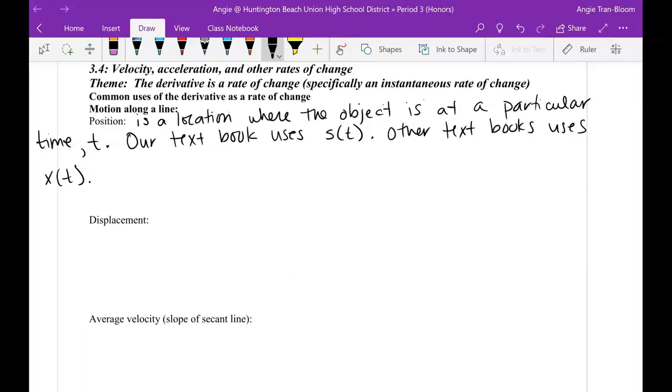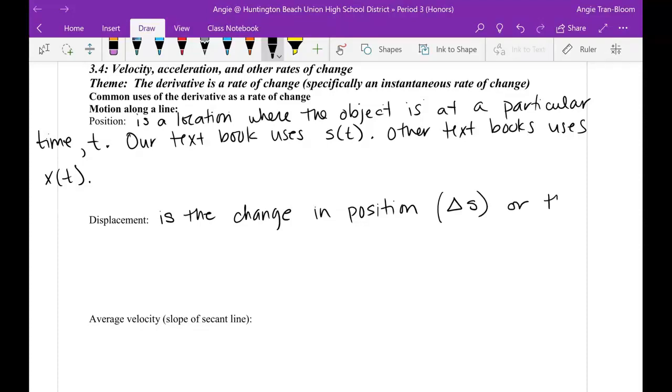The next one is displacement. Displacement is the change in position. So that means we're really talking about delta S, right? Since our book uses S of T for position.